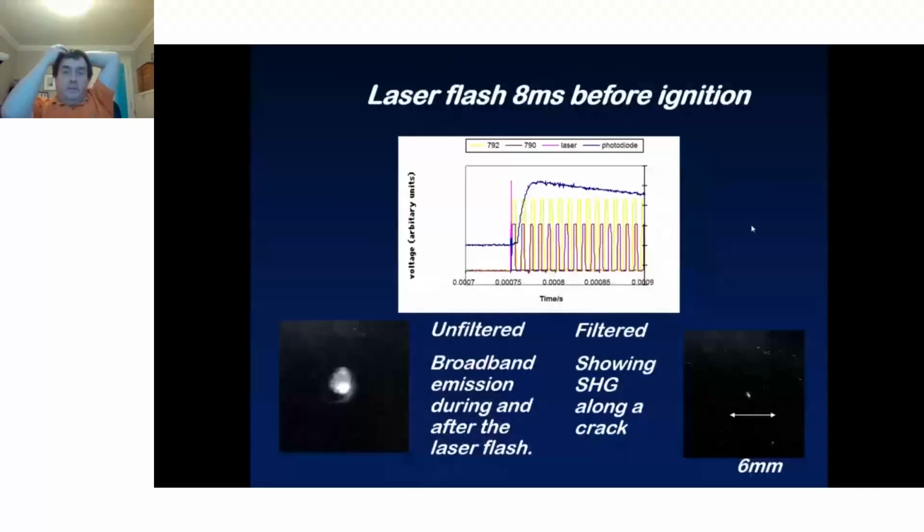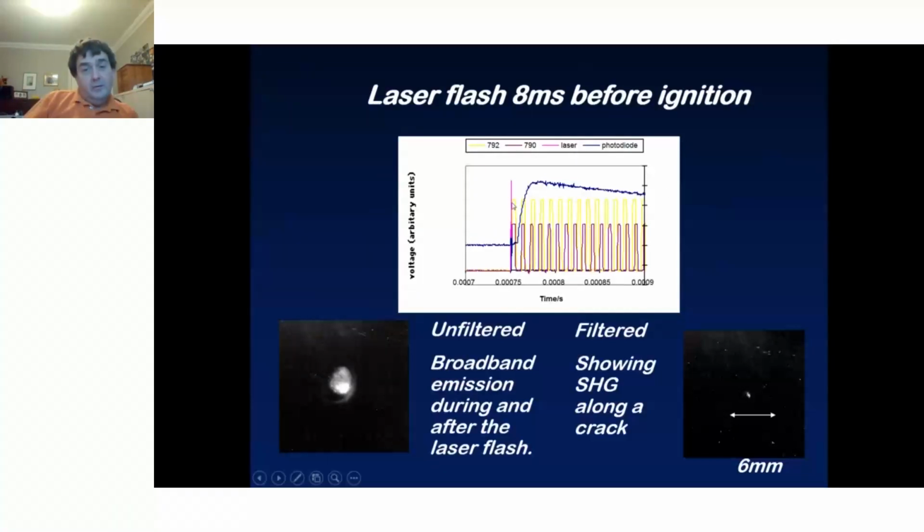And you can flash 8 nanoseconds before ignition, and you can discover broadband emission again, and you can see the small amounts of light from the second harmonic generation in the system. Now, in both cases on the upper side, the laser pulse is indicated by this pink line here.